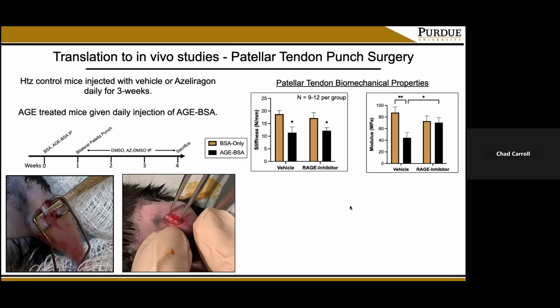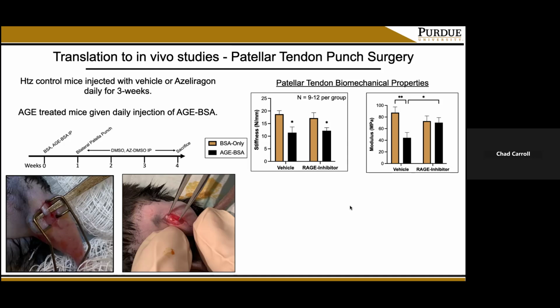And stiffness is impacted by the size and internal structure of the tendon, the cross-section area of the tendon, whereas modulus is primarily a reflection of the internal structure of the tendon. So when we measure modulus, we see a large reduction with the AGEs, and when we give them the RAGE inhibitor, it largely rescues the effect of our exogenous AGEs. So very exciting because that's exactly what we hypothesized.